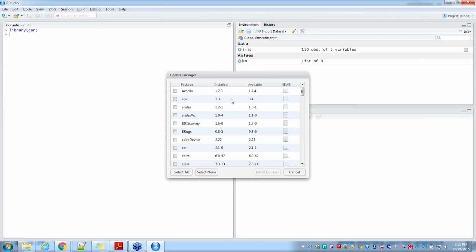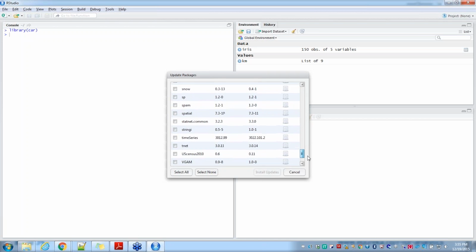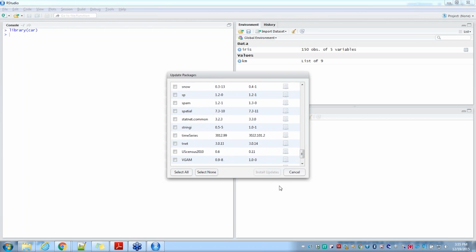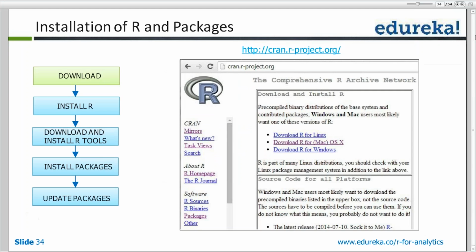It will identify a whole lot of packages whose updated versions are available on CRAN. You could check mark them to update them all, or if you're only interested in updating a particular package, you could just check mark that package. And then once you've check marked it, you can press the Install Updates button, and your packages are all up to date, right? Okay.